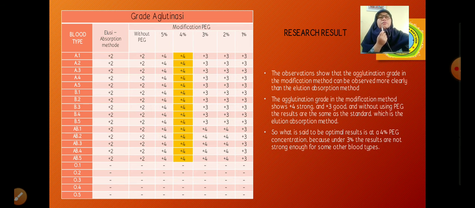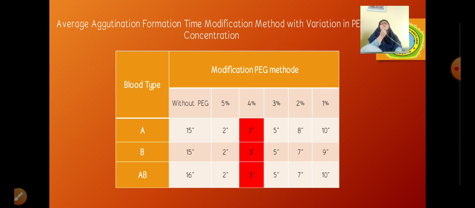The other result we can see is the average agglutination formation time of the modification method with variation in PEG concentration, about how fast the reaction is with the PEG methods.